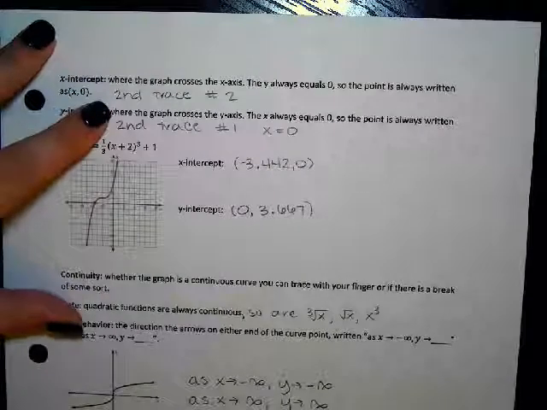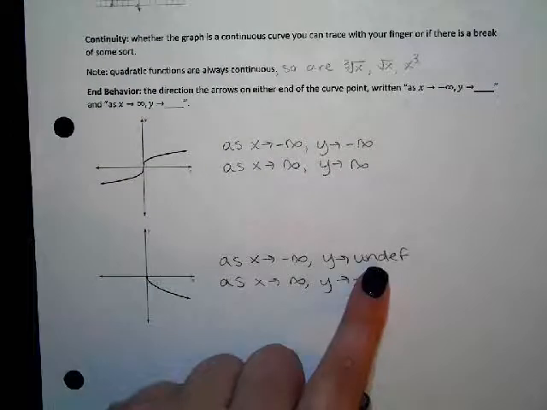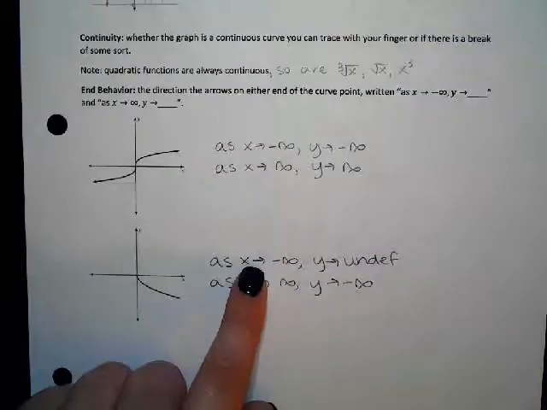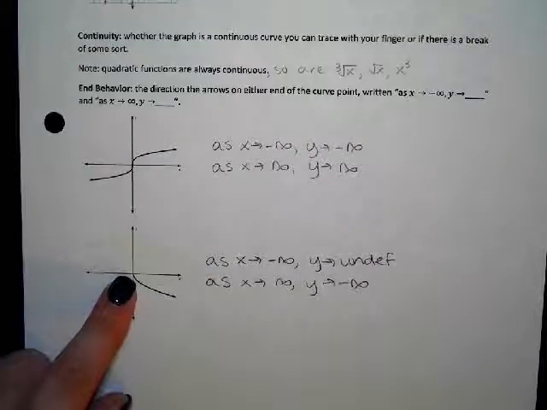End behavior, this is where it got funky. How do you guys feel about writing undefined? Did that make sense? There was no left arrow, so when I say, what is the left arrow doing? It's doing nothing. It's not even there. So we write undefined because it's not there at all.